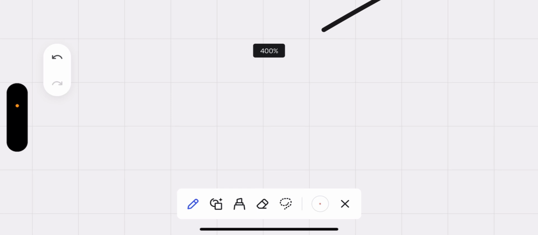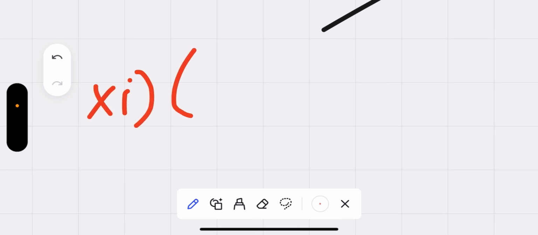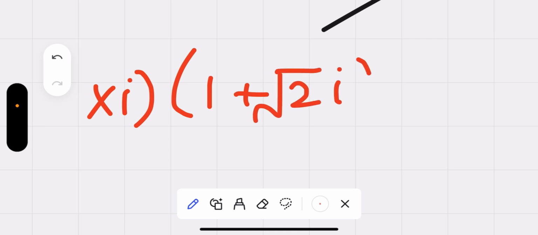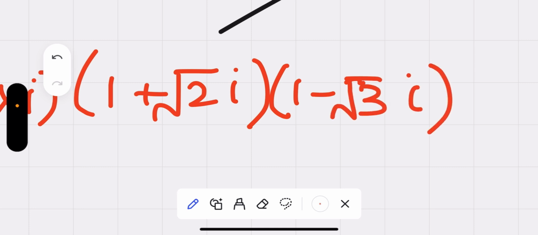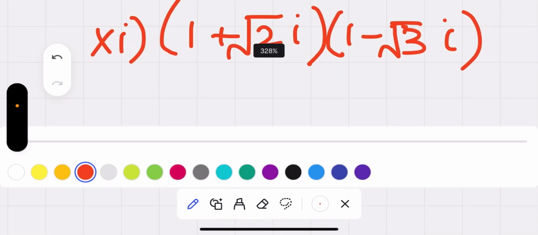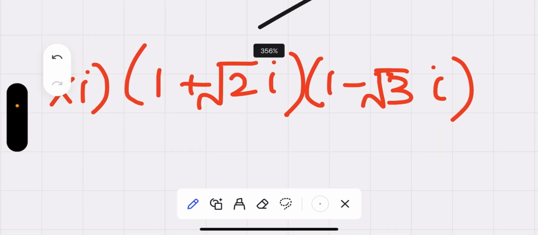Okay, next we have the 11th part, (1 plus square root 2 iota) and (1 minus square root 3 iota). Simply we will multiply because two brackets are being multiplied.